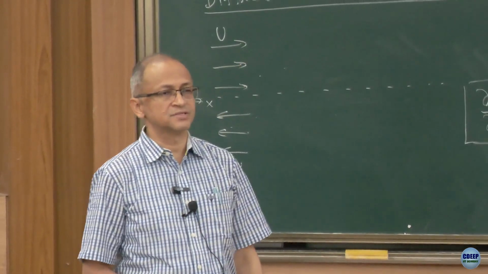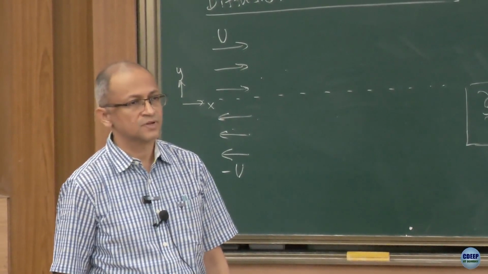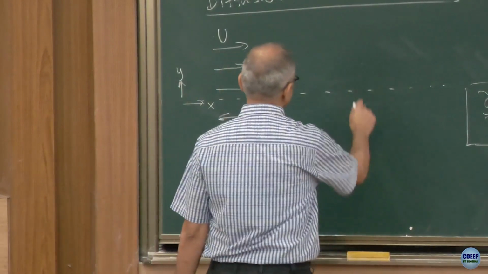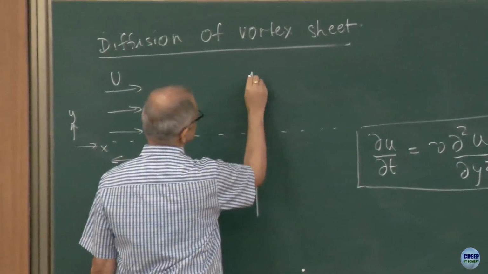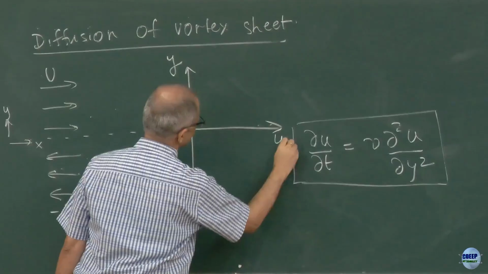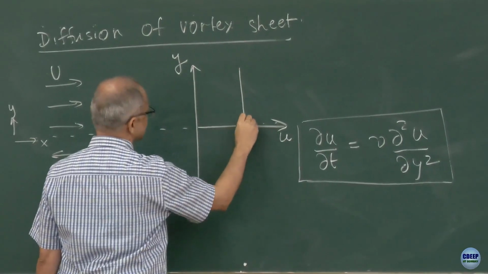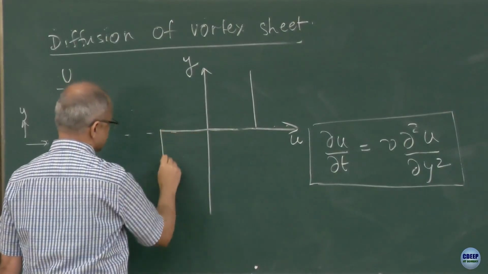At the interface, yes, at time t is equal to 0, that's right. So if I were to plot, for example, this is my y direction, and this is my velocity u, then at time t is equal to 0, this is how the velocity varies.